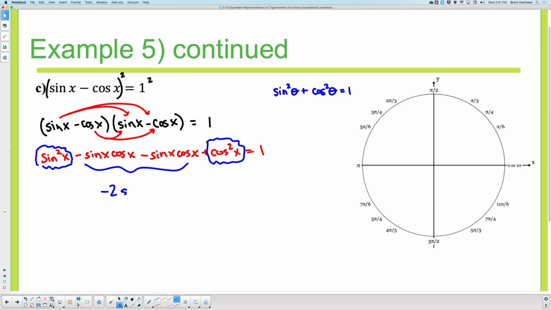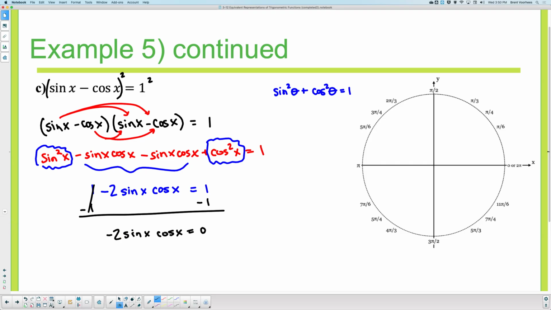So I have -2 sine x cos x. These two become a 1. So it's like 1 minus that equals 1. Subtract 1 from both sides. So -2 sine x cos x equals 0.